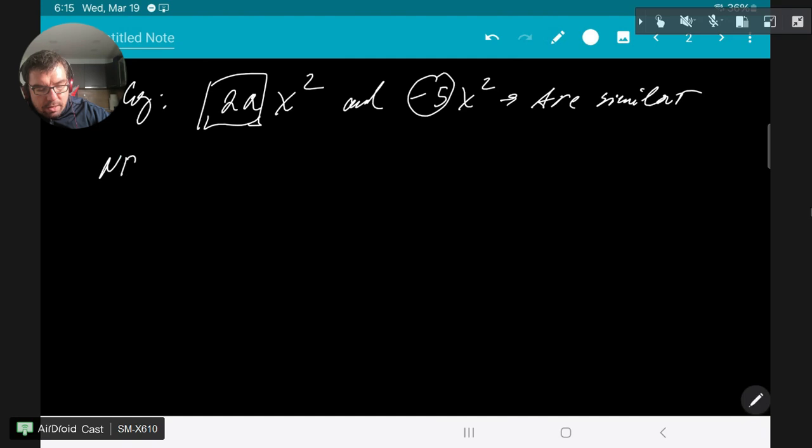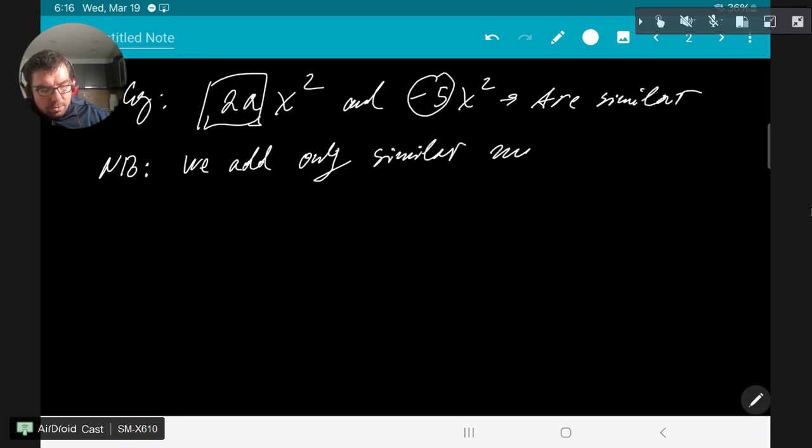Now what I want to say here is that the rule is we add only similar monomials, okay? If the monomials are similar, we can add them. If they're not similar, we cannot add them together.